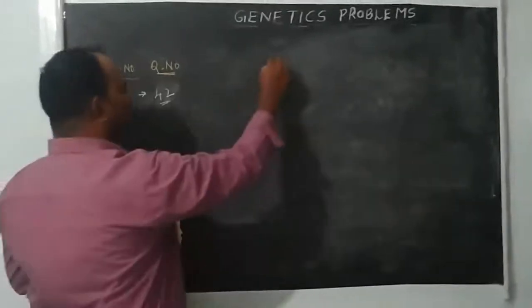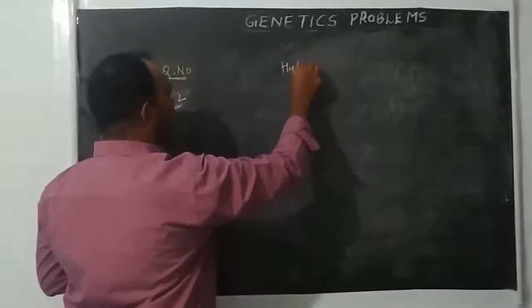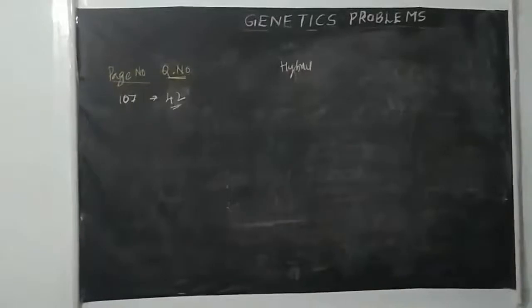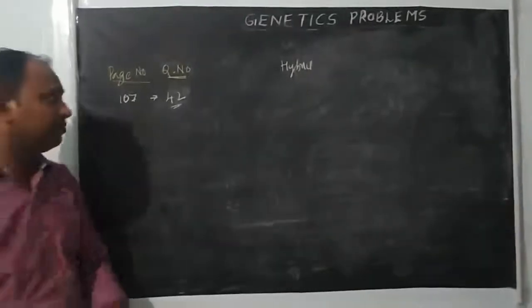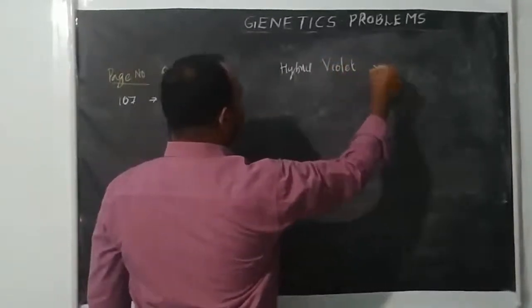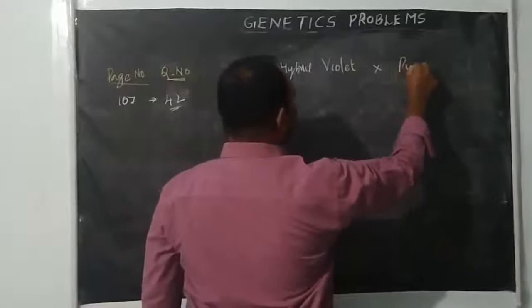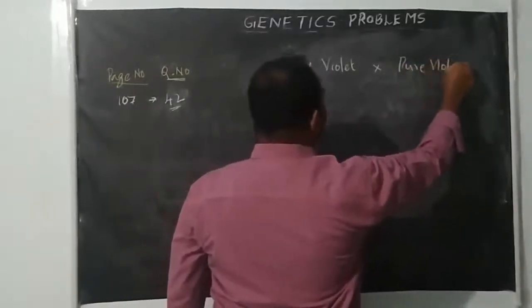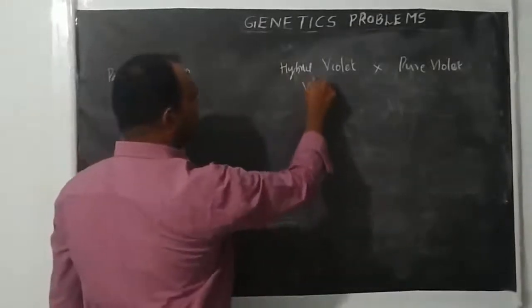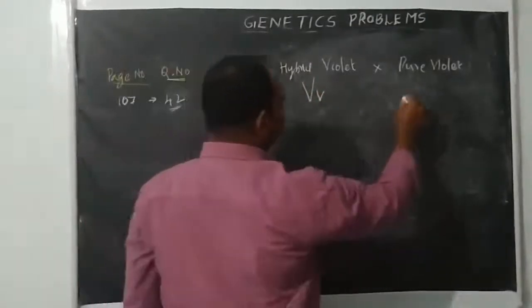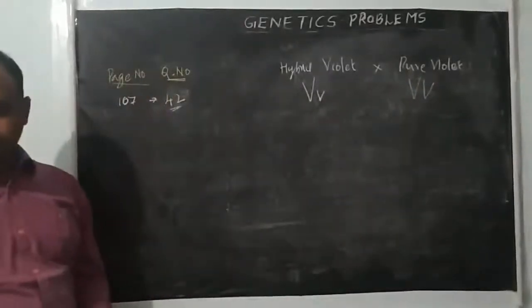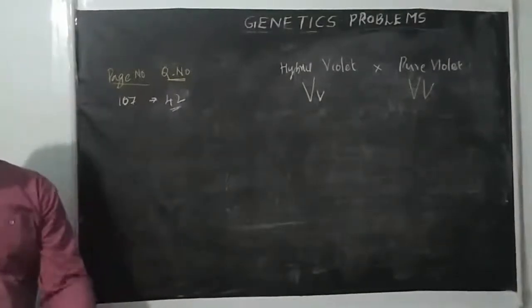Here they have given a hybrid violet plant crossed with pure violet. Hybrid definitely means the condition is heterozygous, caps V small v. The other is caps V alone, right? They are asking how the progeny will look.